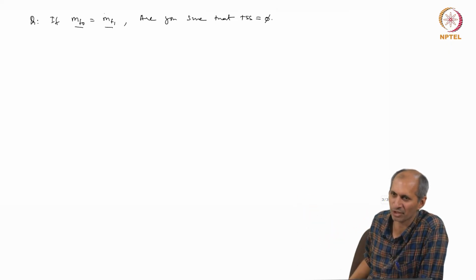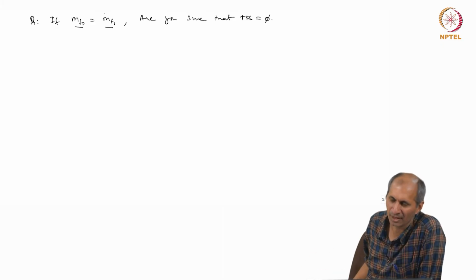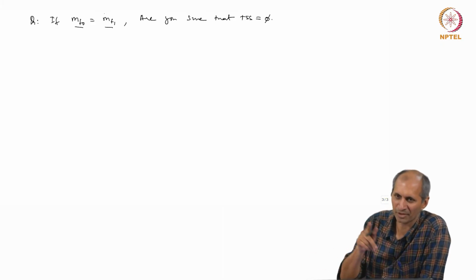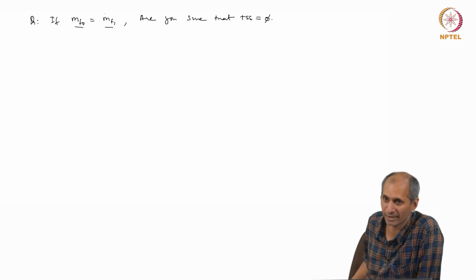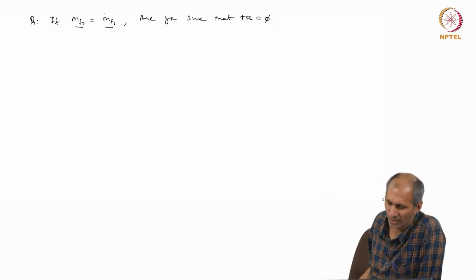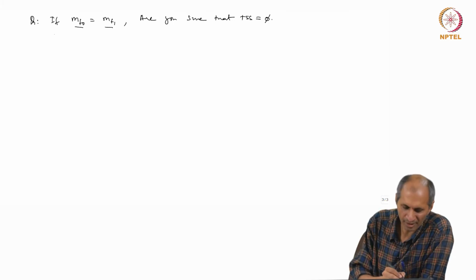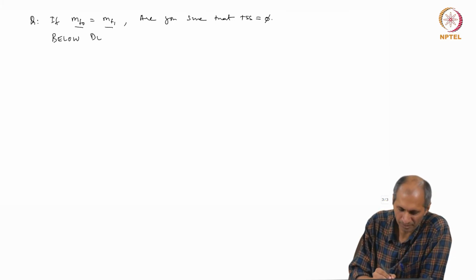You can't see it, you can't prove it. But how do you know it is there? So, what is the meaning of that? You cannot detect it with whatever you are doing right now, but you can detect it with another method. So, what this means is that this is not 0, it is below the detection limit.